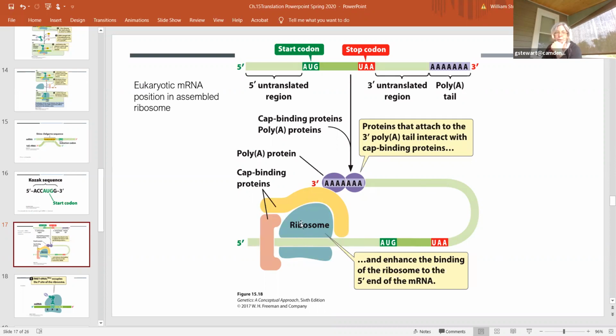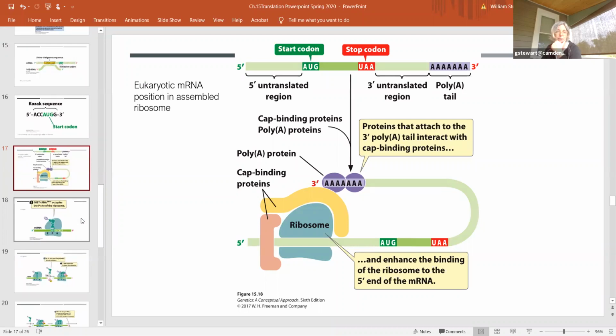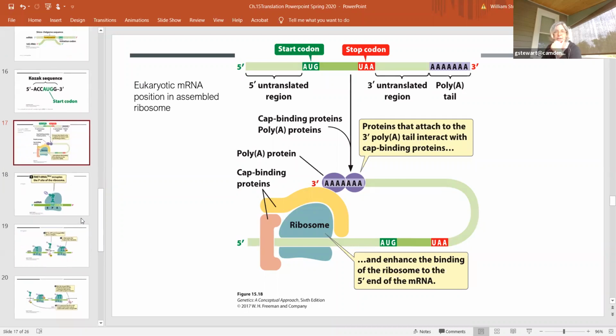Notice the ribosome is positioned here a little bit before the start codon. So it's a little different than in prokaryotes. But like usual, because we know prokaryotes better, we always use that for our example.